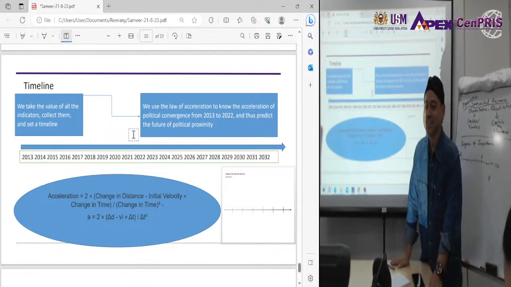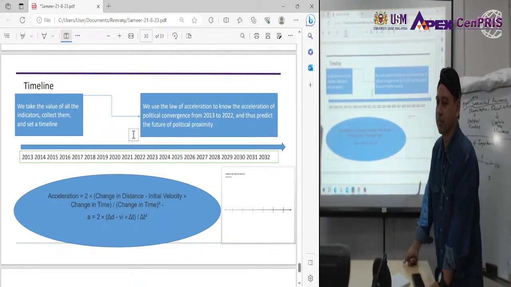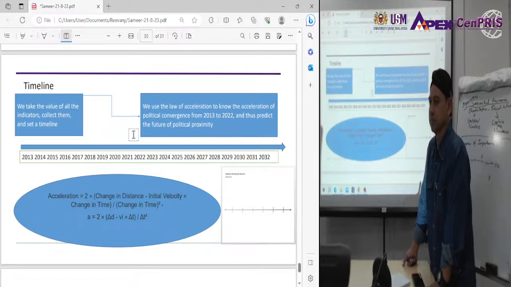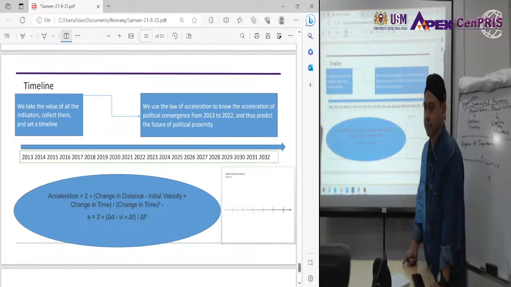But when you take the general run and take the average of the acceleration, you can know, for example, the average is 2. When you count 2 until 2030, you can know whether the relationship will be one of political proximity or not.